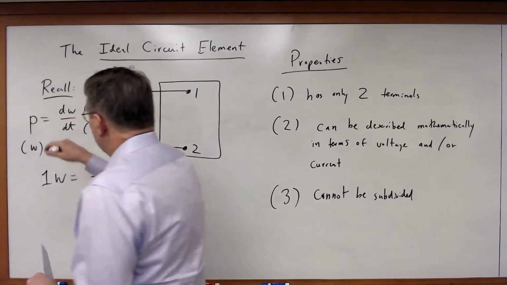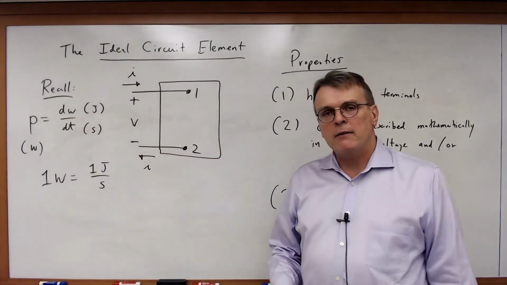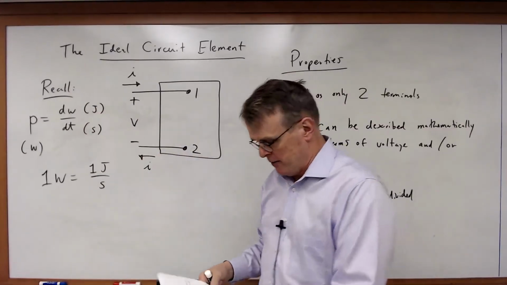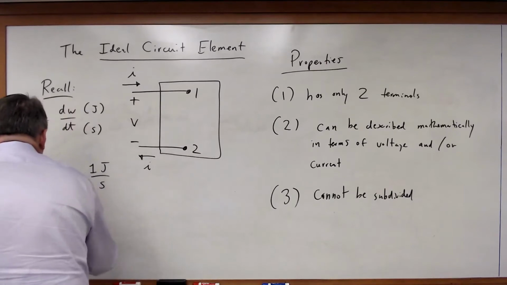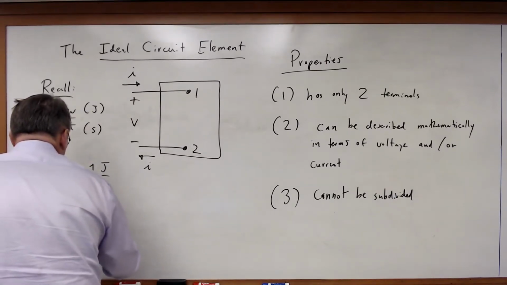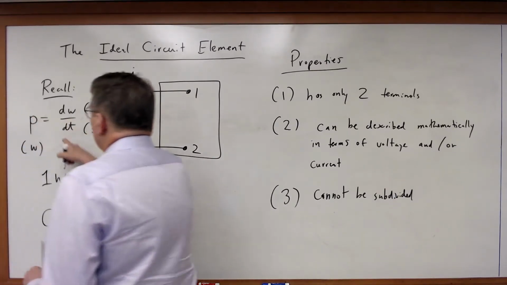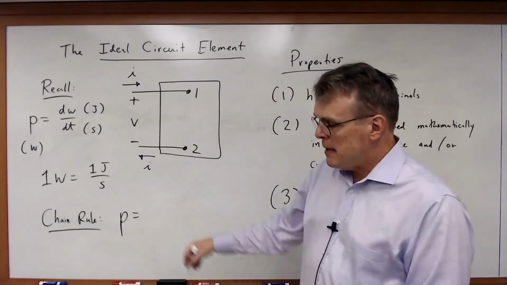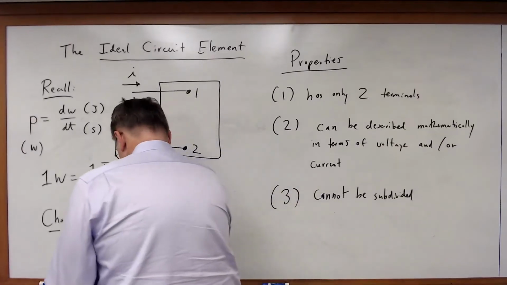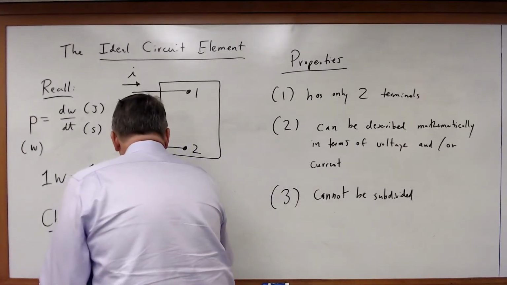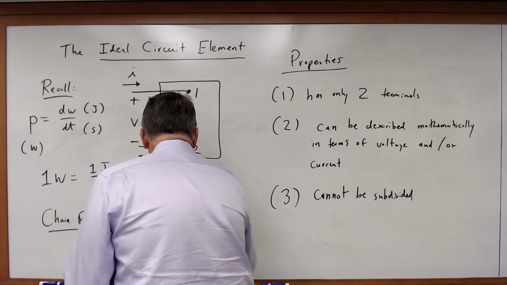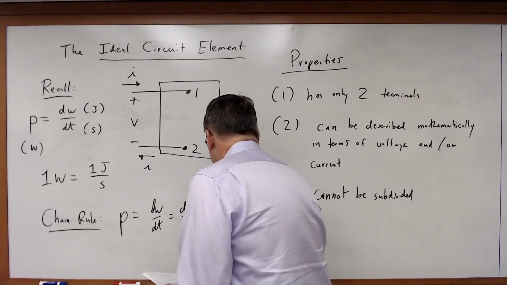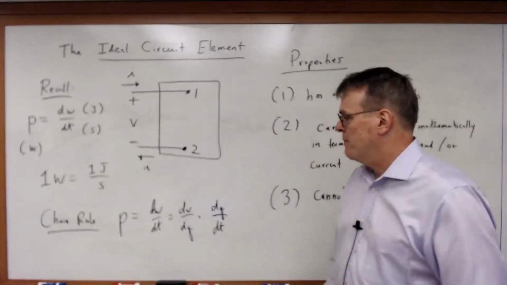Now, given this, I'm going to apply the chain rule from calculus and rewrite this a bit differently. Let's take P and decompose it like so. P is equal to dW/dt, which is equal to dW/dq times dq/dt.